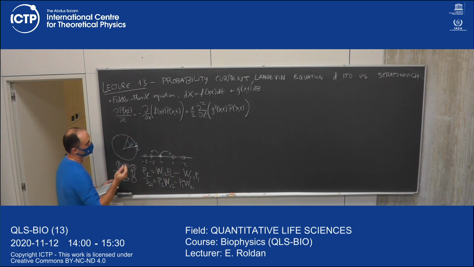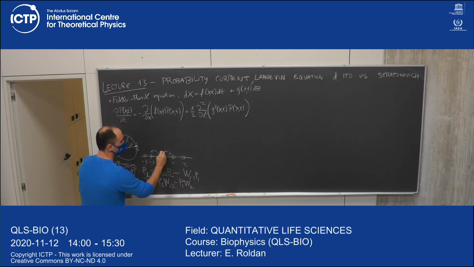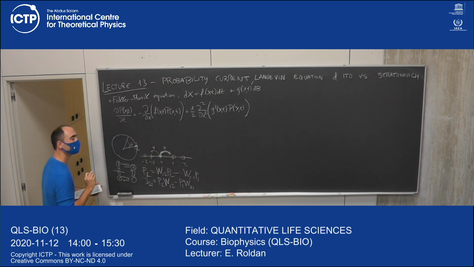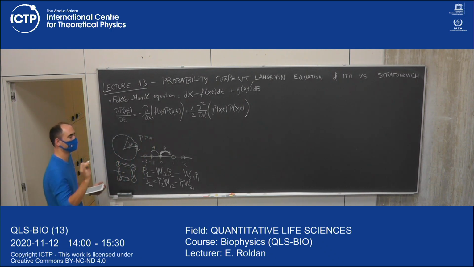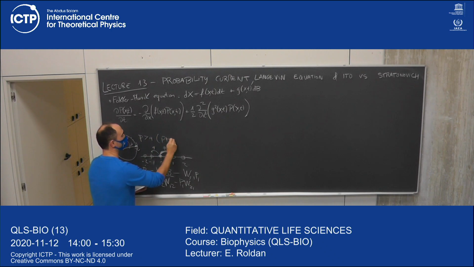For example, you can put more probability to go right than to go left. This would be P, and this would be Q. This would be the bias on the walk, and you could say, for example, P is greater than Q, with P plus Q equals 1.